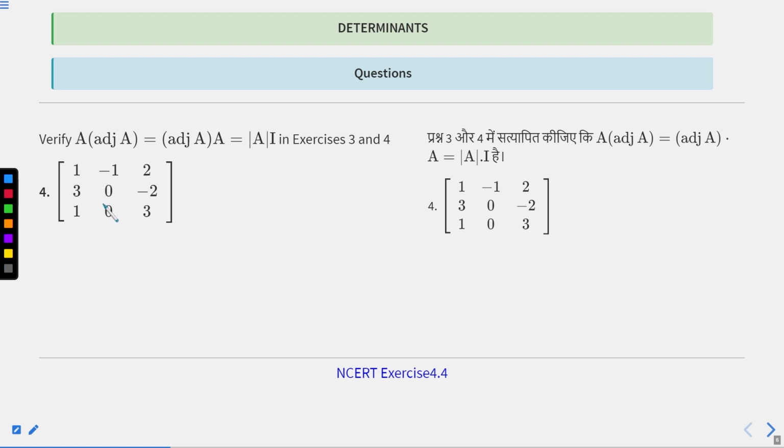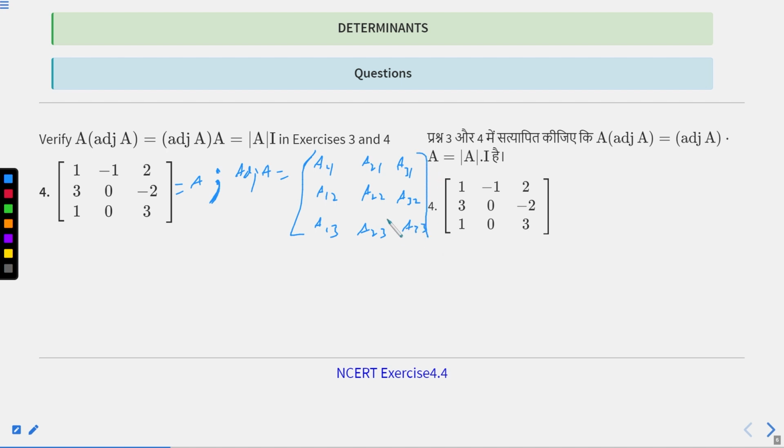Now, same as before, if this is A, you have to find out the adjoint of A. To find the adjoint of A, we have to find the cofactors. So adjoint of A, I will directly write: A11, A12, A13, A21, A22, A23, A31, A32, A33.